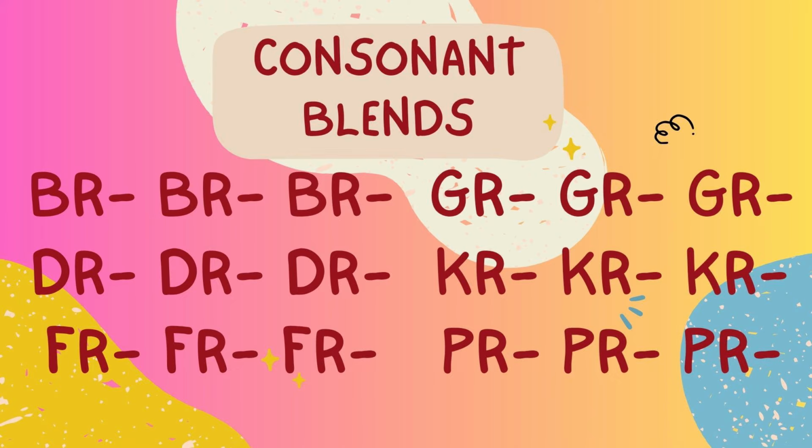For example, we have B and R. So initial B and R is a consonant blend. Both are consonants. So that's what we mean when we say consonant blends. So an application of two consonants. So we have initial BR and we also have initial DR and initial FR.